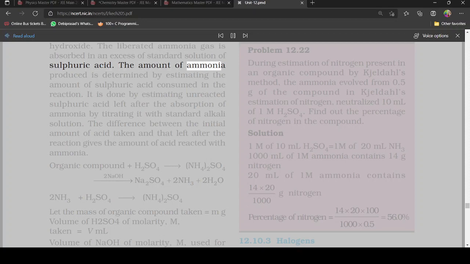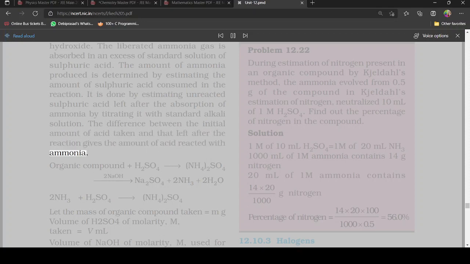The amount of ammonia produced is determined by estimating the amount of sulfuric acid consumed in the reaction. It is done by estimating unreacted sulfuric acid left after the absorption of ammonia by titrating it with standard alkali solution. The difference between the initial amount of acid taken and that left after the reaction gives the amount of acid reacted with ammonia.